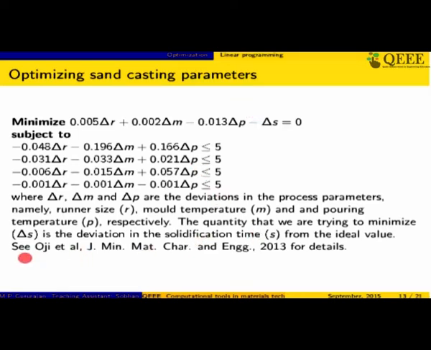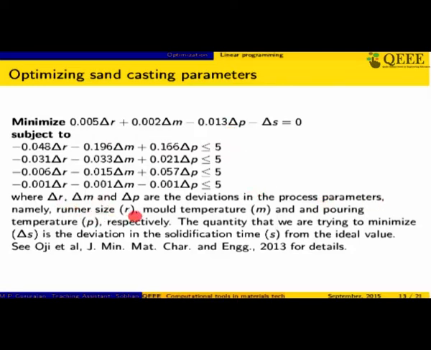So there is a paper by OG et al. Okay, so the reference is given in my lecture notes. In that they show that for a sand casting experiment, for example, they are trying to optimize the parameters, where delta R, delta M, delta P are the deviations in process parameters.